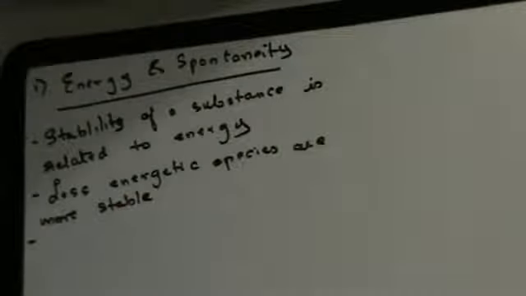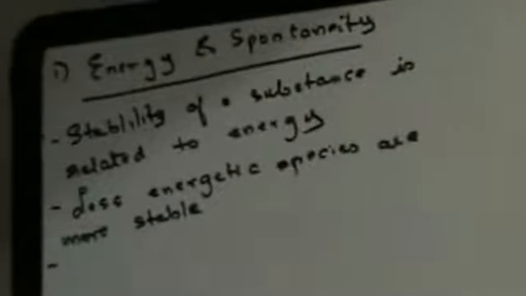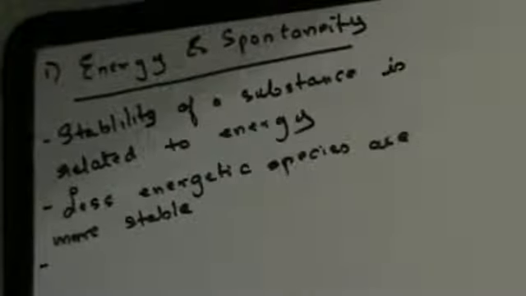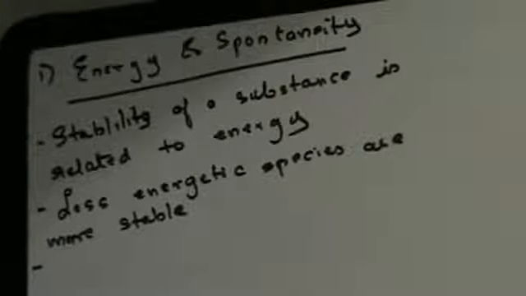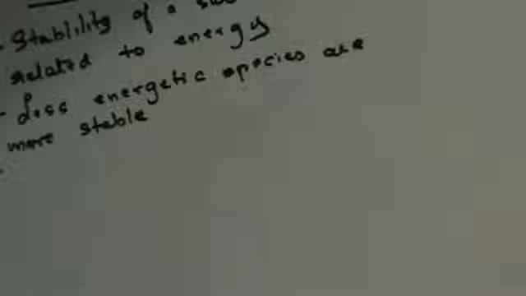Right? So now comes the actual use of a spontaneous reaction. What did we say a spontaneous reaction is? A spontaneous reaction is the one in which a substance with more energy is converted into a substance of lower energy. Or in short, the reaction proceeds in the direction where the energy of the system decreases.